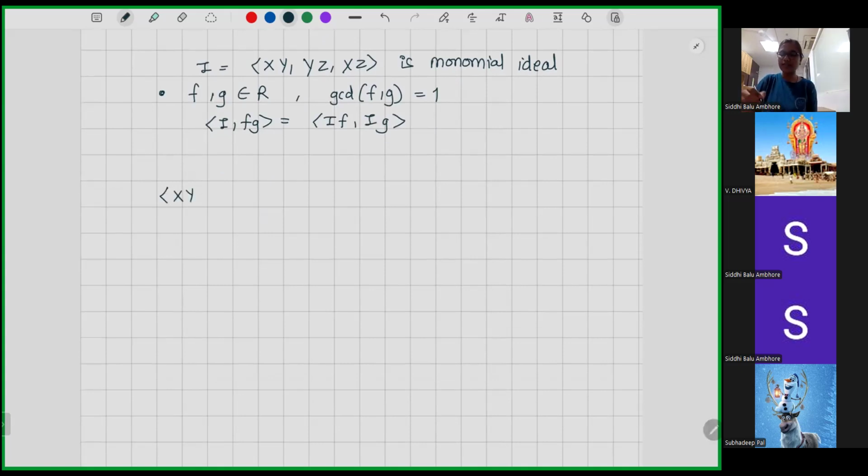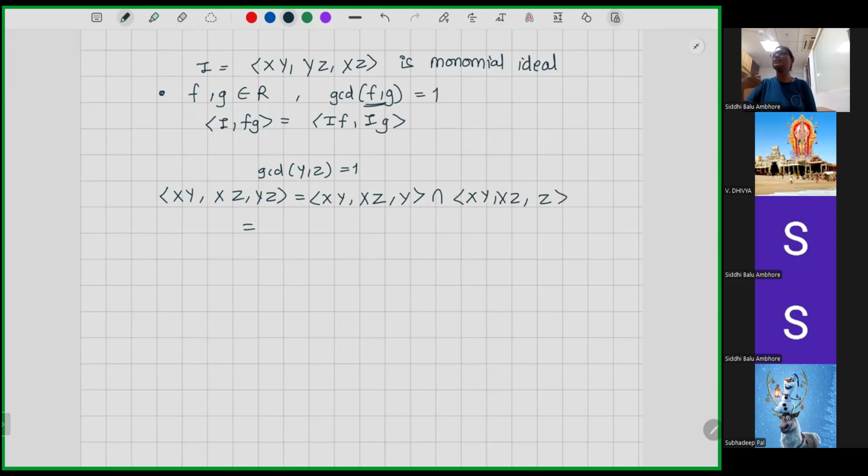So we can split the ideal where the gcd of f and g is 1. Here we have xy, xz, yz. Since the gcd of y and z is 1, I can simply write this as (xy, xz, y) intersection (xy, xz, z). Is this okay? Just using the above result, and gcd of y and z is 1 in the polynomial ring.